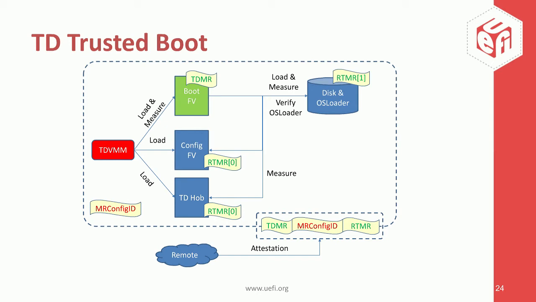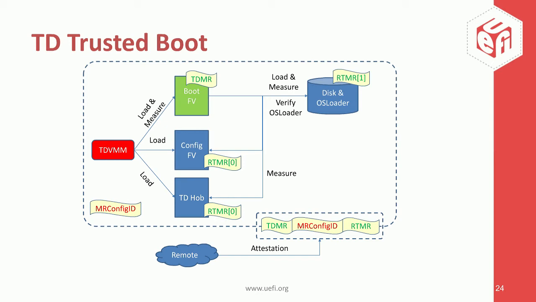Different from TCG, where the TPM defines 8 PCR registers for firmware boot, in TDX we have two types of measurement register. First, when the VMM constructs a TD, the VMM uses a TDCALL called MR extend to measure the whole TDVF in the private memory into a TDMR.